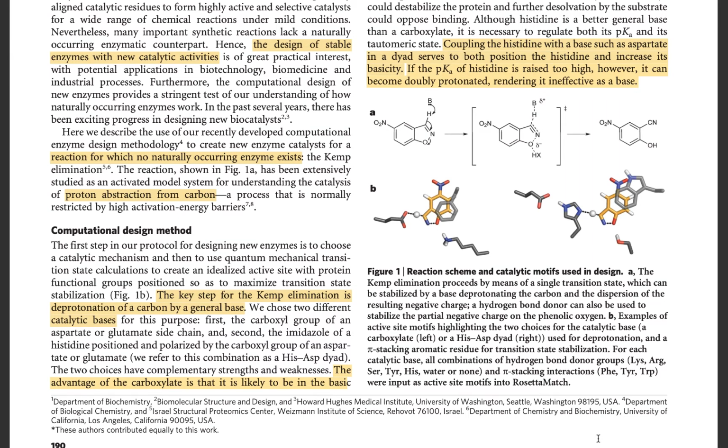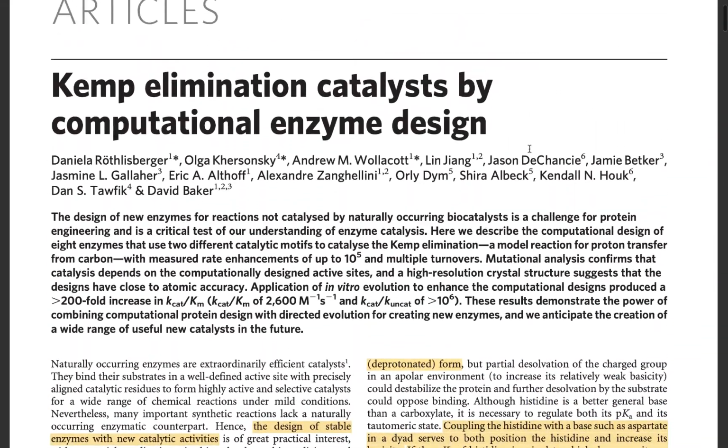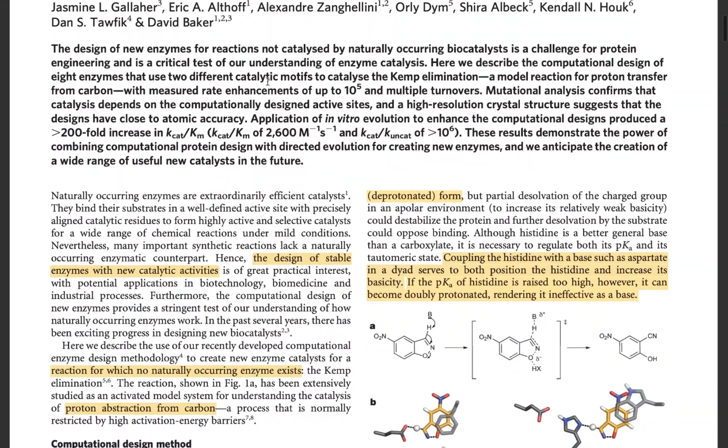And in fact, specifically for this paper, this is a figure I very much want you to know well. What they show you is the biochemical reaction that they are making an enzyme to catalyze, and that's shown here. That's the Kemp elimination reaction.